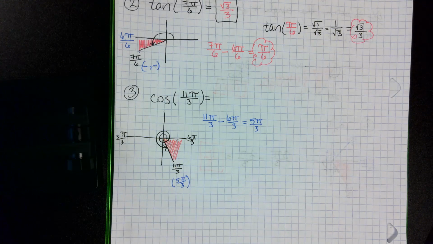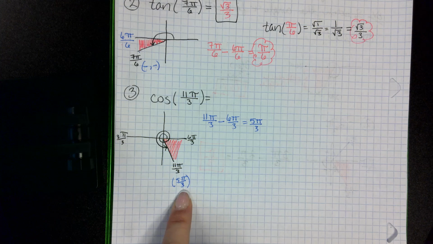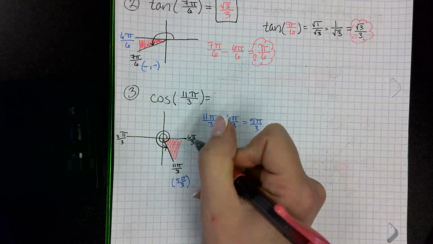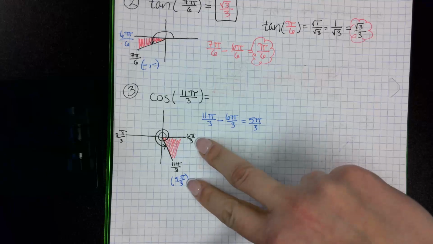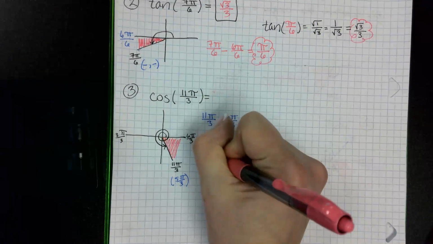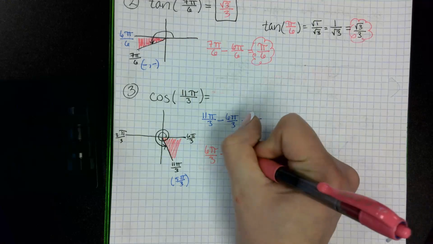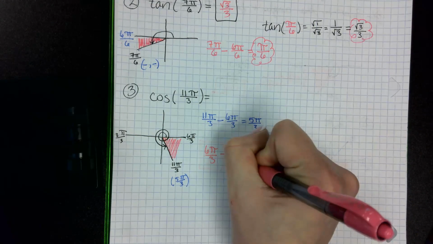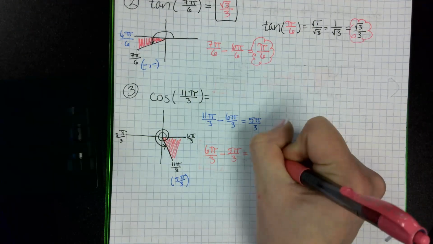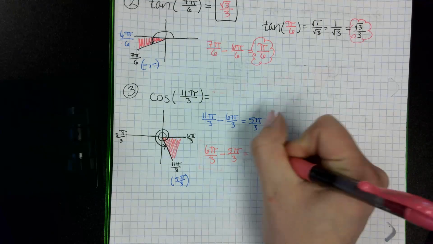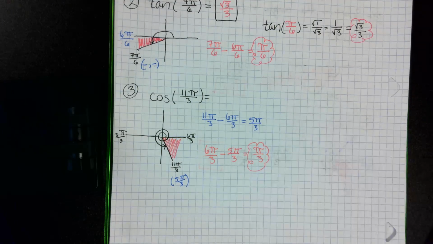To find that value, I want to use this 5 pi over 3. The larger of these two values is 6 over 3. So 6 pi over 3 minus 5 pi over 3 gives me 1 pi over 3. So the reference angle is pi over 3.